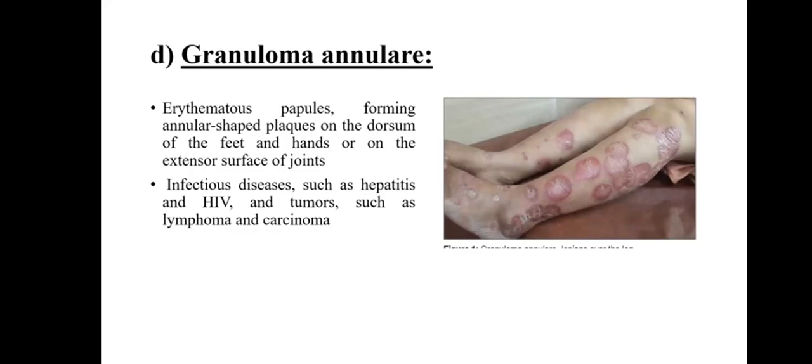A psoriatic or psoriasiform lesion which looks like psoriasis, if it is long standing and is seen only on the extremities, and it is not at all resolving on conventional management, we have to suspect an STD or an underlying tumor or a carcinomatous condition.